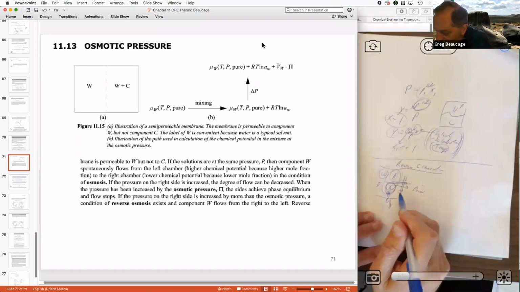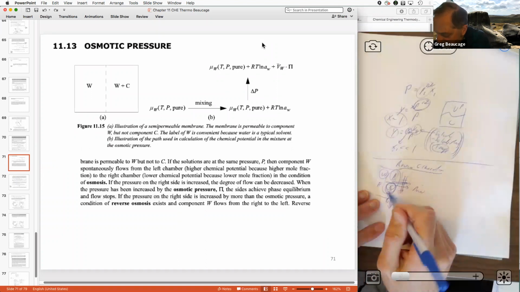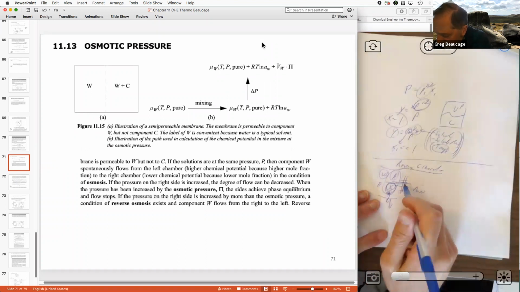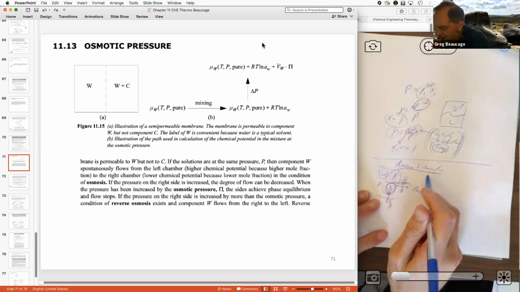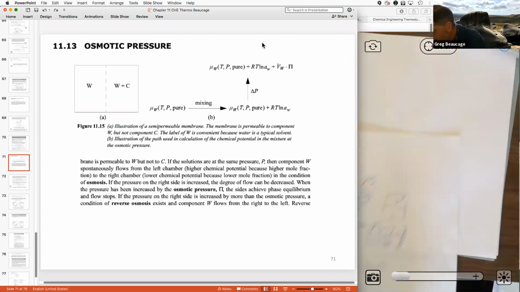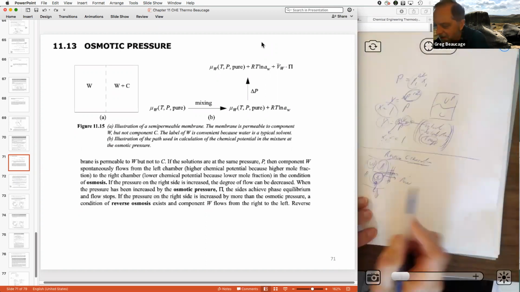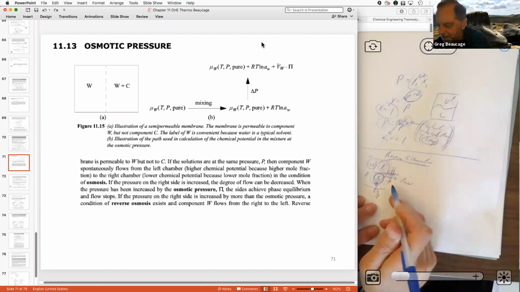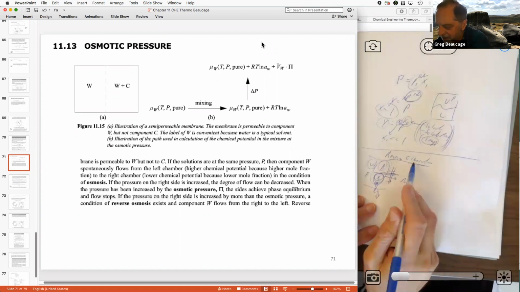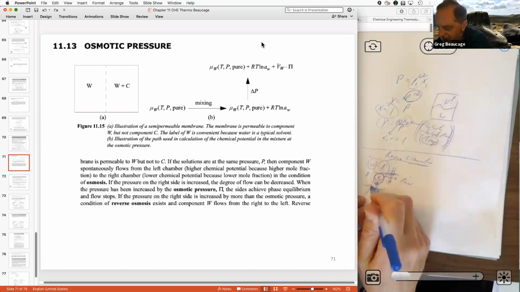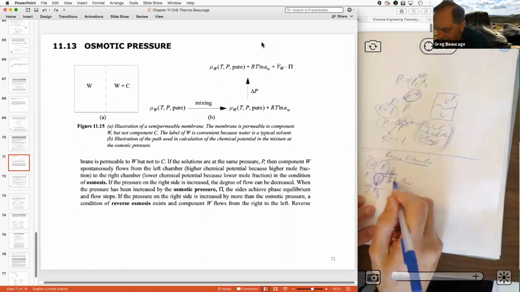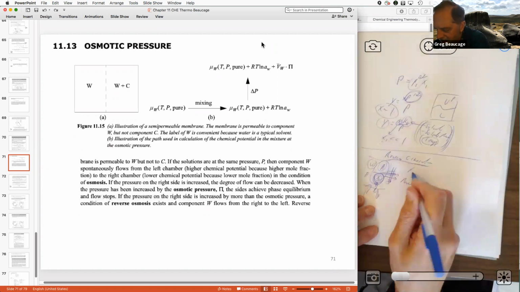So basically, reverse osmosis does this, or any kind of membrane separation, and you can also purify, like they talk about purifying seawater with reverse osmosis. You put seawater on one side, the X then is the salt, and you pump it through a membrane by pressure, and you get pure water out that you can drink.